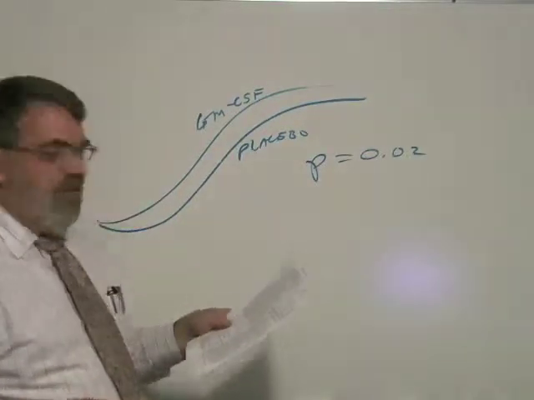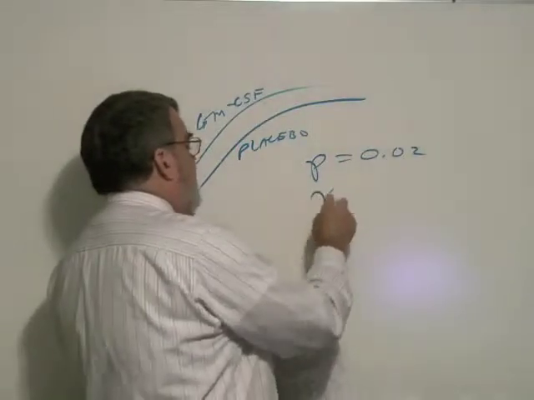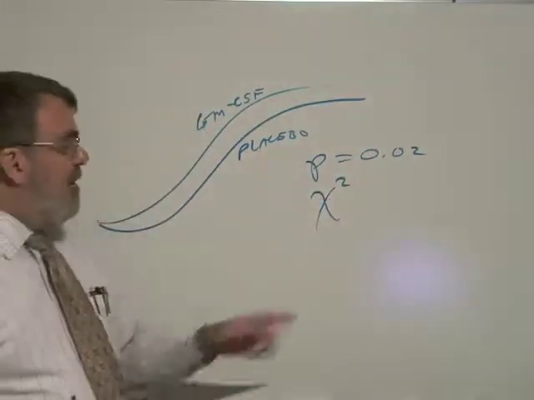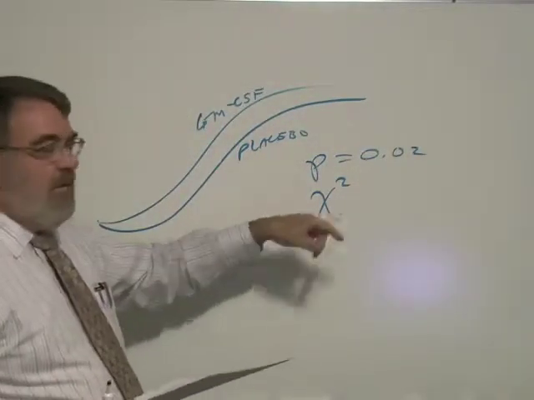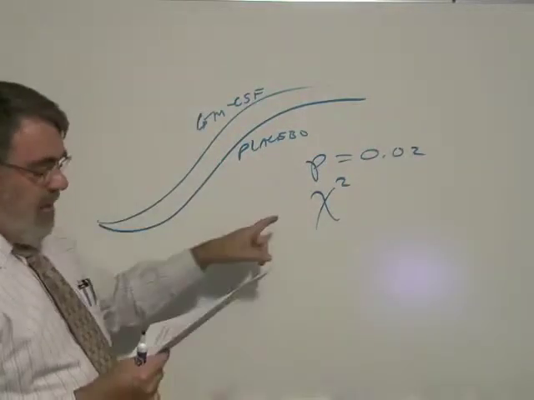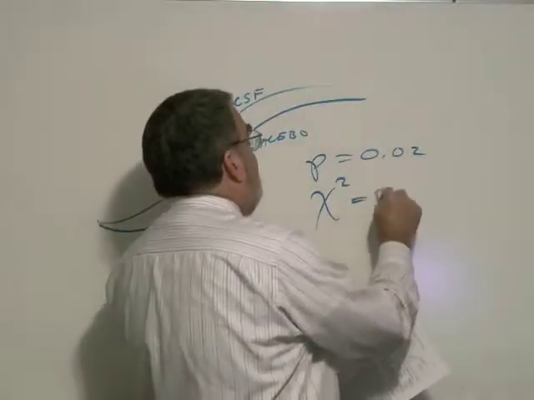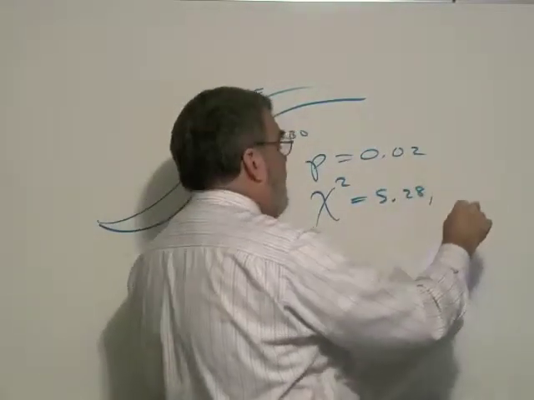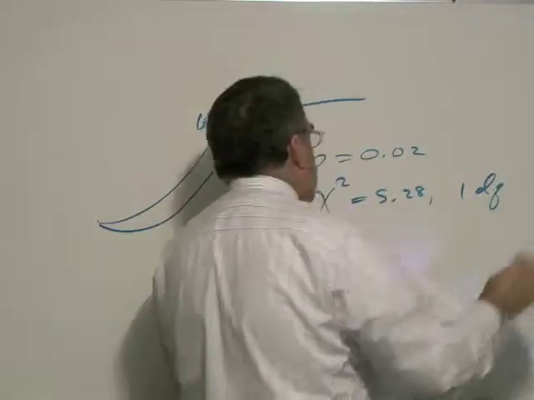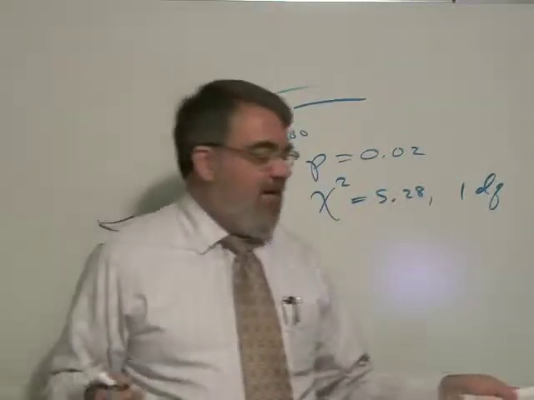Now they also have something else, chi-square, and sometimes you'll see chi-square written this way. That's the Greek letter chi. Kind of looks like a stretched out X, but it's also chi. Chi-squared is 5.28 with 1 degree of freedom. We don't really do much with chi-square in this course.